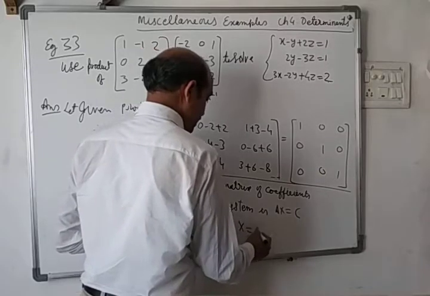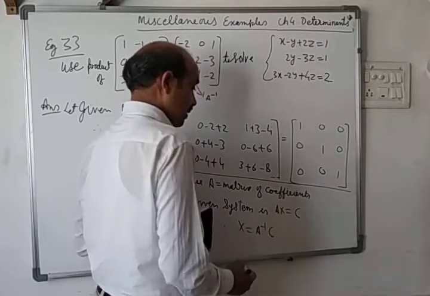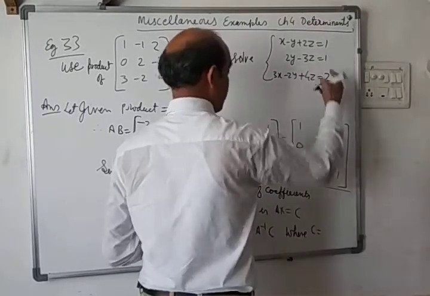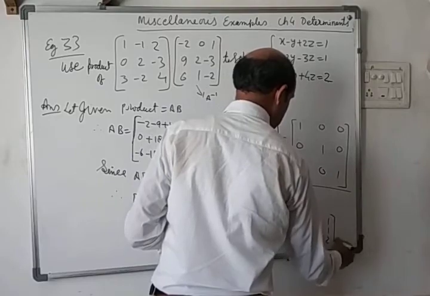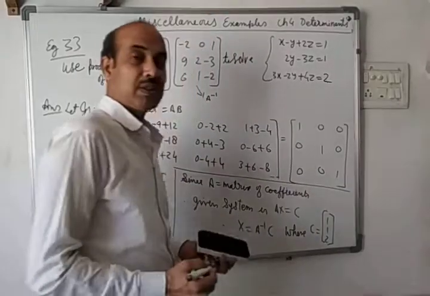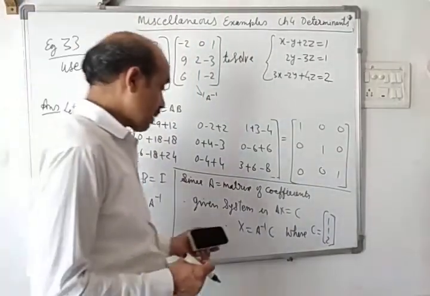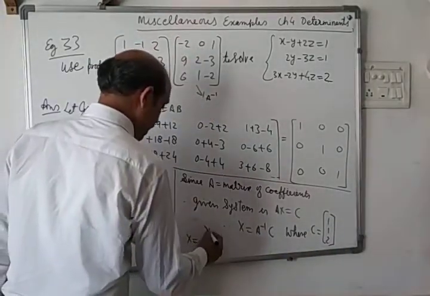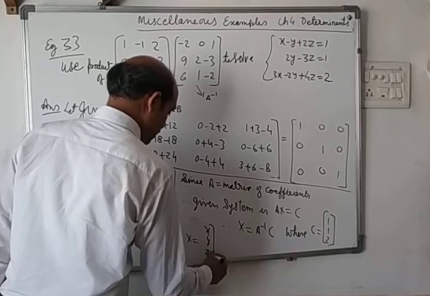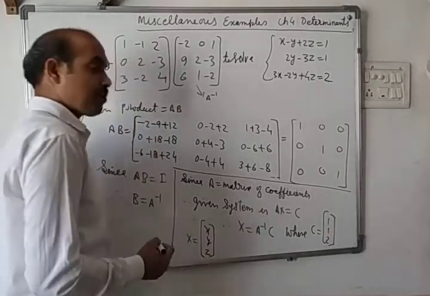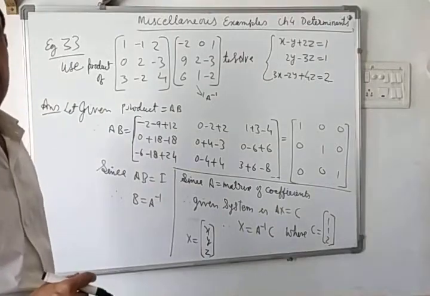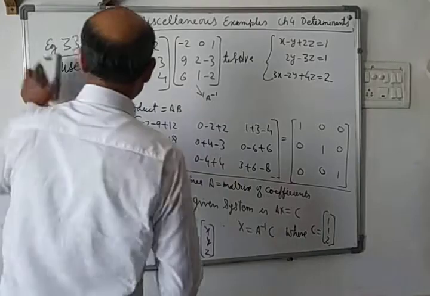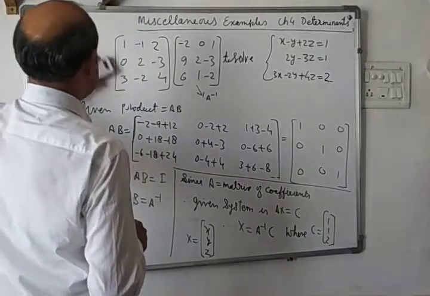Therefore x is A inverse C, where C is the coefficients, constant terms, 1, 1, 2, constant terms. And what will be x? X will be x, y, z. Normally we take, in previous videos you have seen, x is the matrix of variables. So now we have to get the solution.